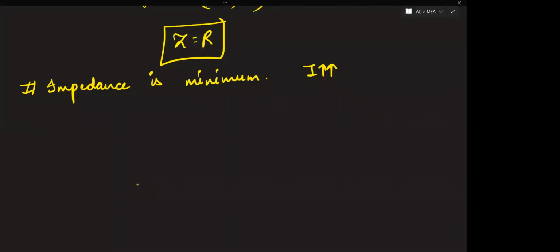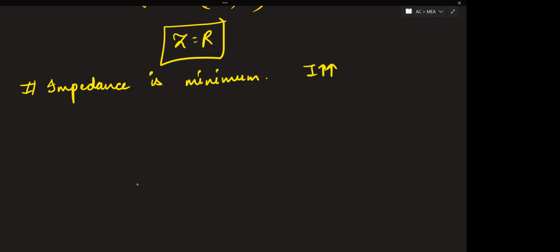And for the current and voltage to be in the same phase, current in the circuit has to be maximum. And for that, you have the value of Z as R. Why? Because XL and XC, why do they become zero? The reason is that current becomes zero if omega is zero and if omega is infinity.